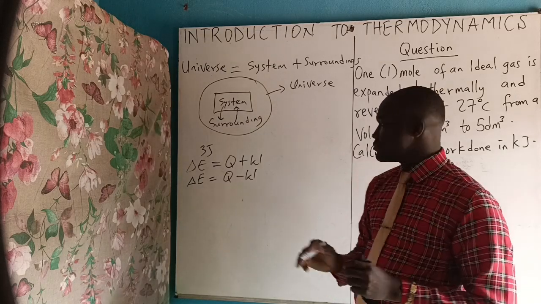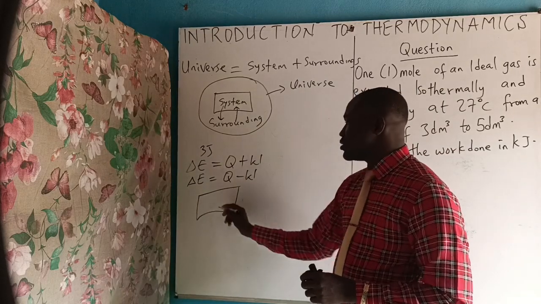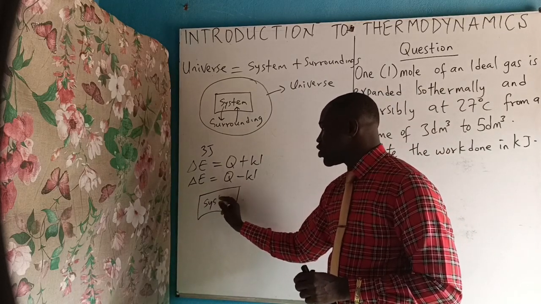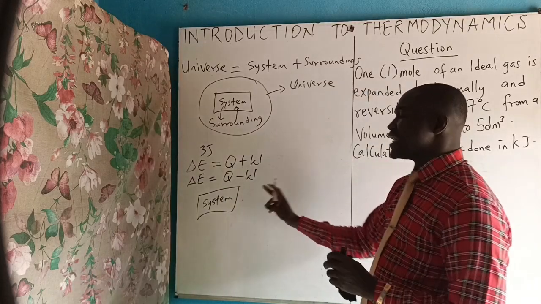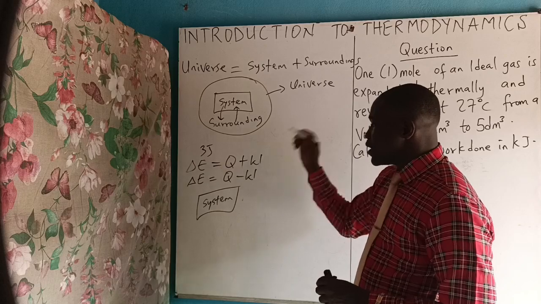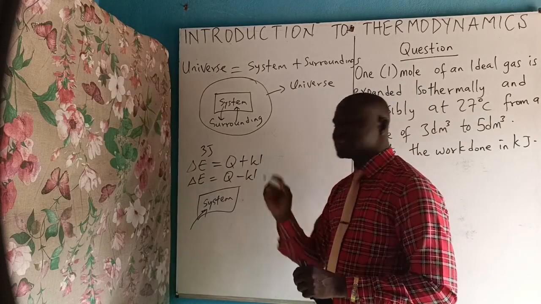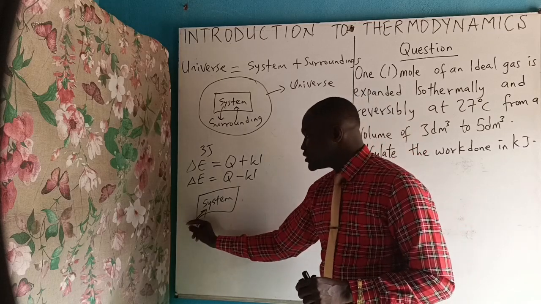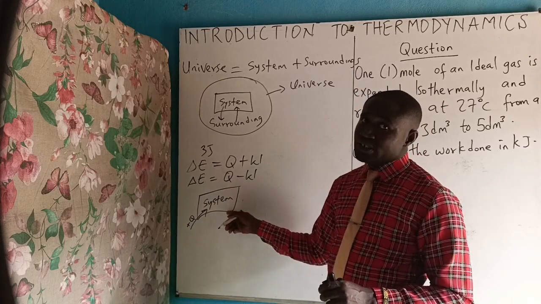Look at what I mean. Assuming that the writer is discussing what happened on the system, he will be seeing a lot of formulas concerning the system. Heat energy can flow into this system, and when it flows into this system, the system will gain energy because it's discussing what happened to the system.